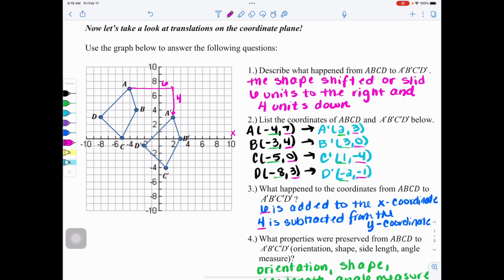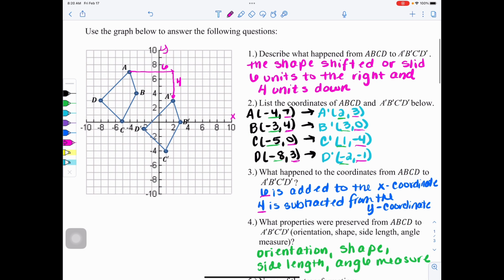Again, the 4, not coincidence either. If you look at what we described to happen in number 1, the image went down 4. So we had a down movement. The vertical axis is the y-axis. So it makes sense that you would subtract 4 from the y values. And we'll talk more about that as we move forward.